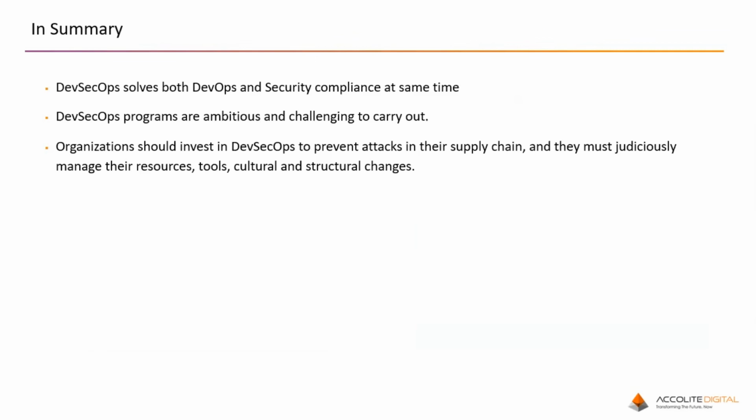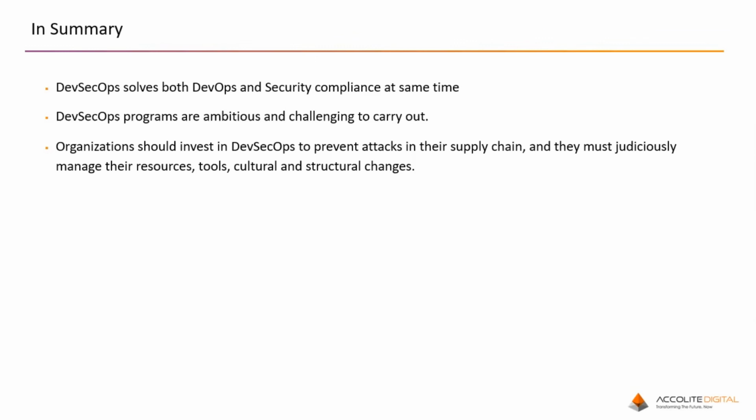Thank you, Dhruv. In summary, DevSecOps solves both DevOps and security compliance at the same time. Adopting DevSecOps brings seamless and financial benefits, and across the organization we can resolve many problems which come up later. DevOps programs are ambitious and challenging to carry out.